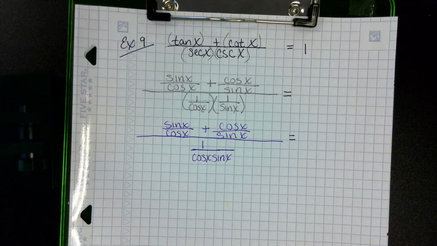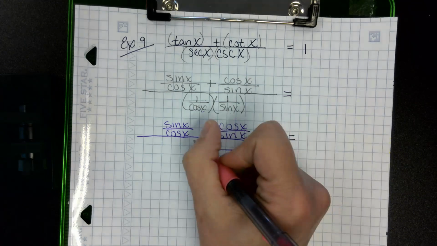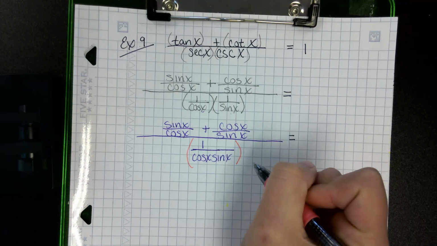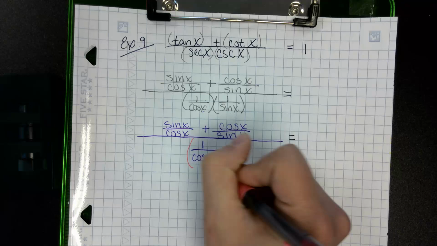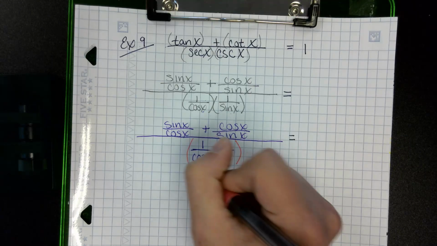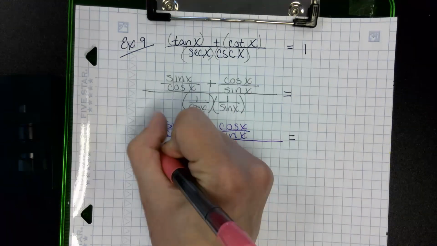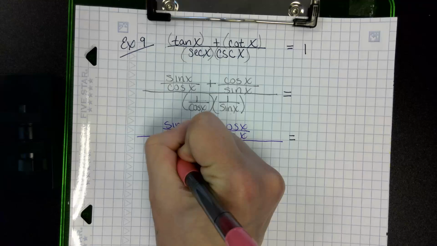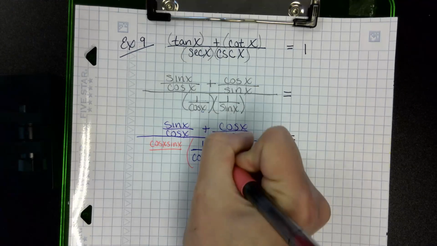Okay, so now I have a fraction divided by a fraction. So I'm going to multiply by the reciprocal so I can cancel out the denominator. In the denominator, I want to cancel this fraction, so I want to multiply by the reciprocal: cosine sine on top, and then the bottom is 1.